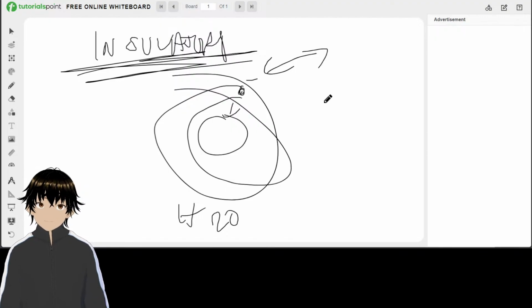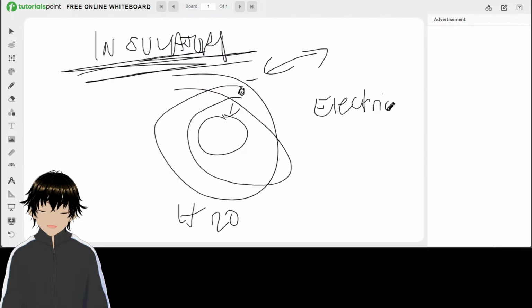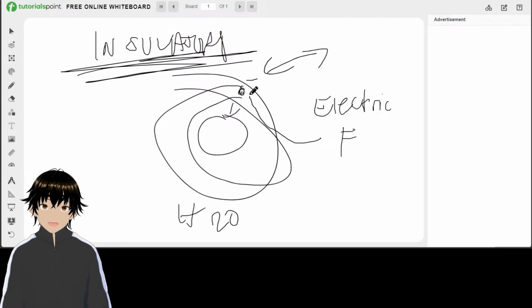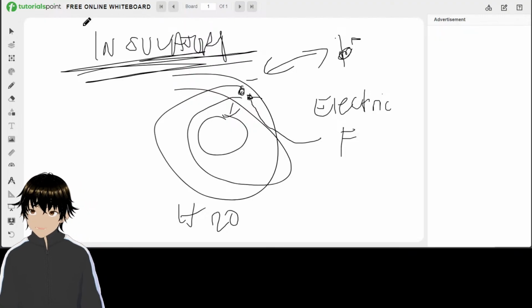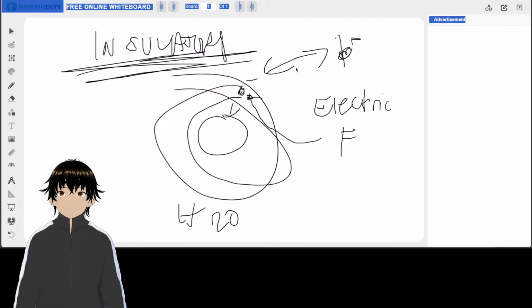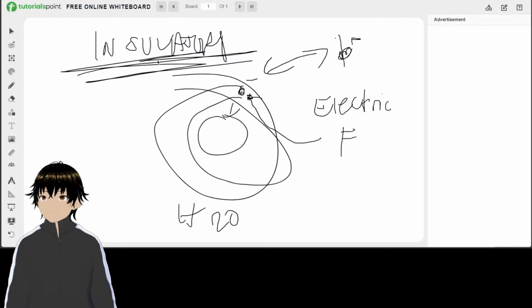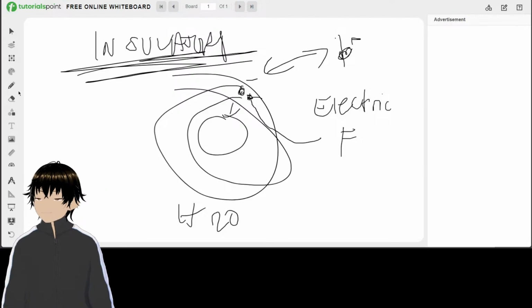So when you apply an electric force on these, apparently it just breaks. The electrons just break down, as far as I understand it, or at least that's how I understand it.